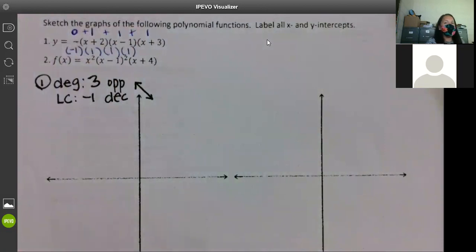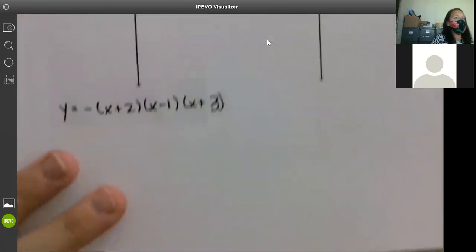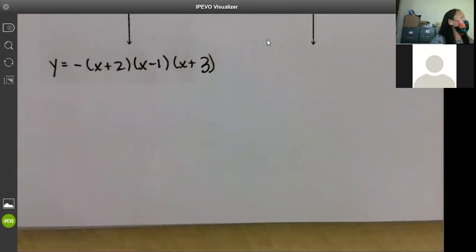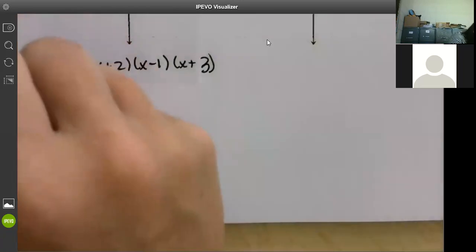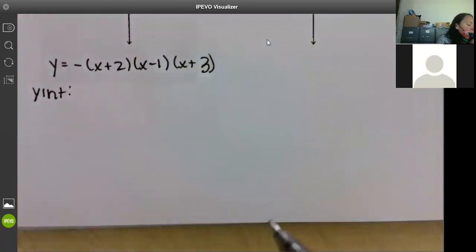All right. So then I'm going to move down a little bit. I'm going to rewrite this so we can see it. You guys don't have to rewrite it. And I'm going to find my x and y intercepts. This is the function. I just need space. You guys can keep writing where you're at. Okay. So your y-intercept, how do we find our y-intercept? Make the x 0.